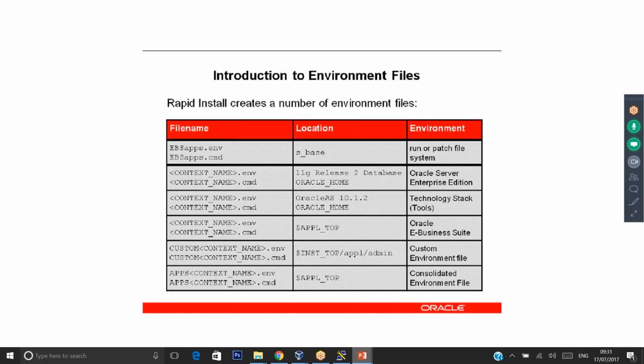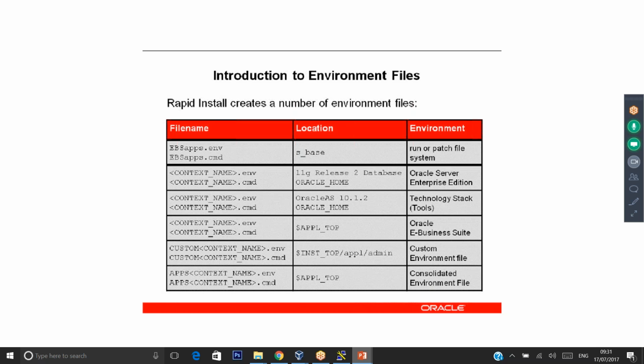As a practice, once you log in, you would be sourcing apps context.env. So in the application user's bashrc, you would keep the apps context name.env file, which will source the other environment files. If you open the file in an editor and look at this apps context.env, you won't see any variables here. Basically, an environment file contains environment variables, right?